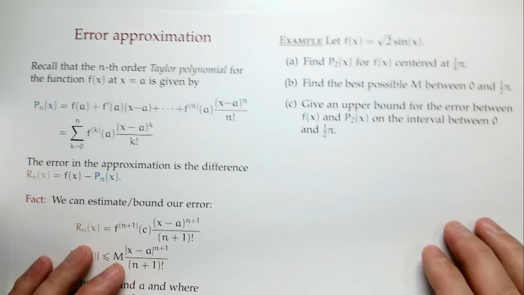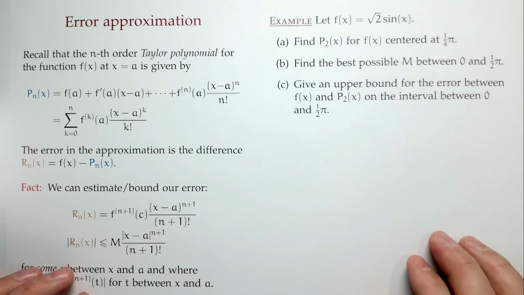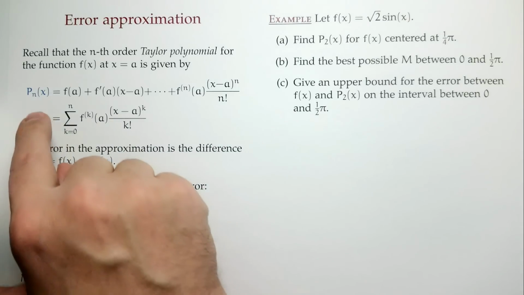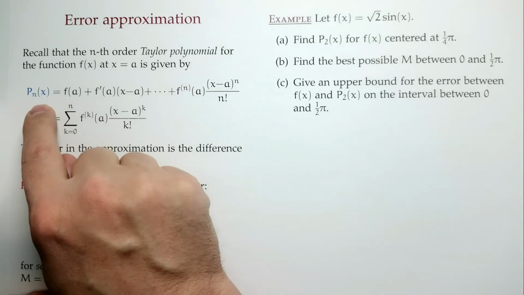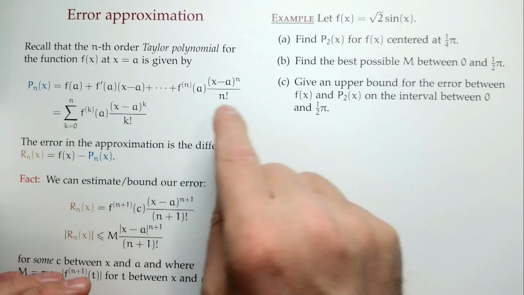Now, the important idea. Today's big idea. We should get to today's big idea eventually, right? And that's in the error approximation. So in essence, what's happening is we are trying to get an approximation to our function. So what we have is our nth degree polynomial, where we stop at a certain point. The series says never stop, but this one says you stop.